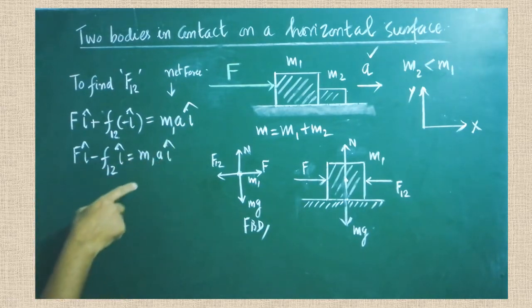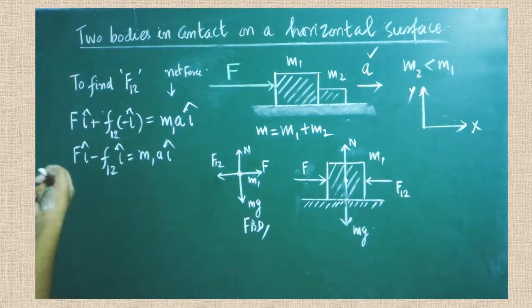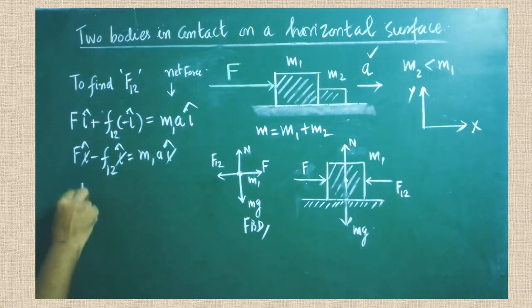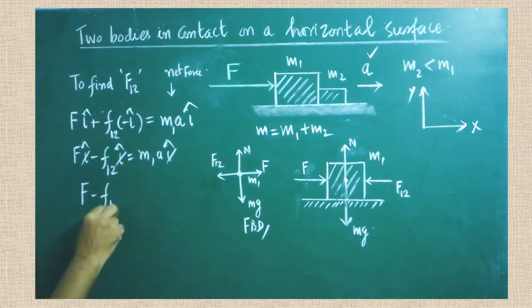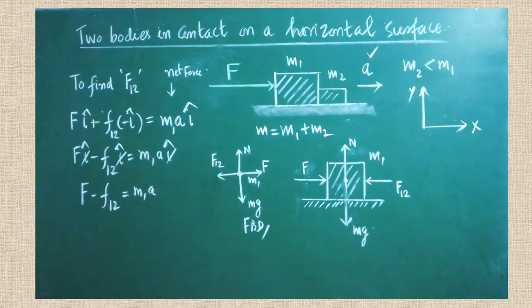Remove all the I's from both sides and just pick up the components alone. I cap can be removed. F minus F12 is equal to M1A.